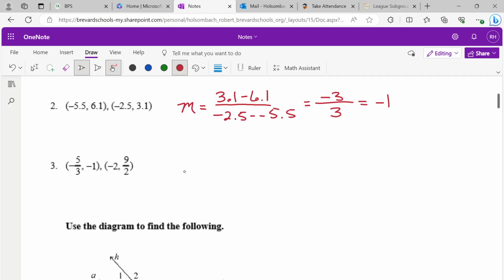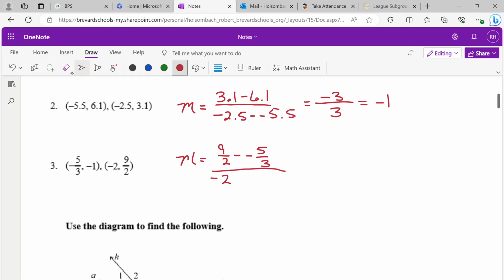And problem number 3. Slope is equal to 9 over 2 minus negative 5/3 divided by negative 2.